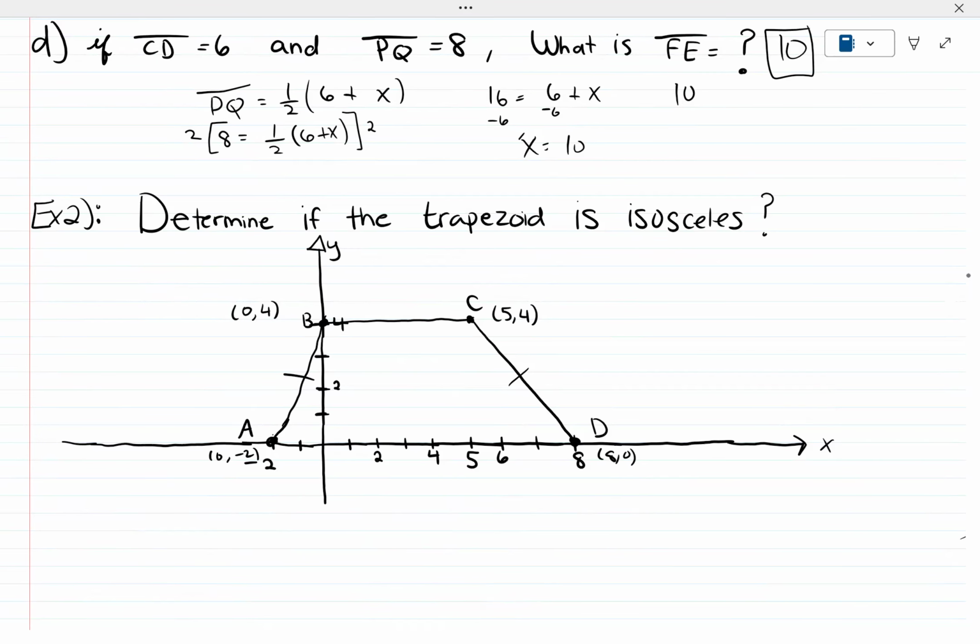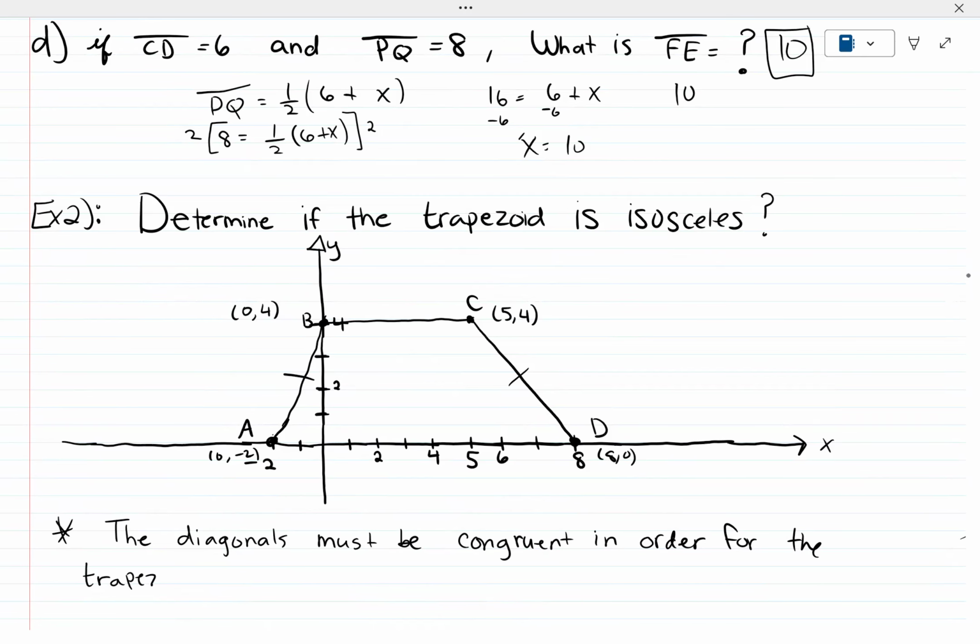In order to prove that this is an isosceles trapezoid, the diagonals must be congruent in order for the trapezoid to be isosceles.